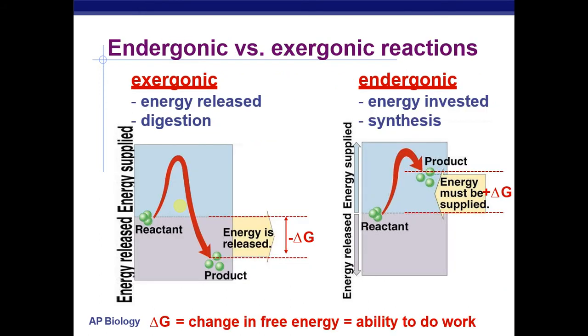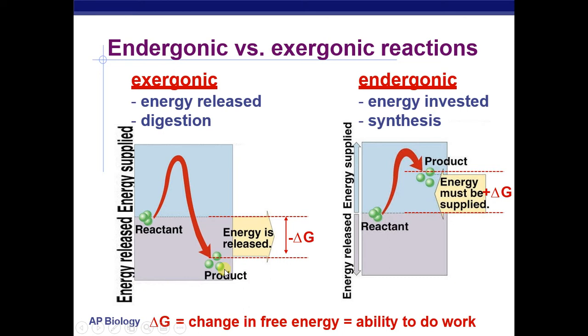So here's just a picture to represent endergonic and exergonic reactions. Don't start to feel too anxious about this delta G stuff that, from chemistry, you might remember being particularly a pain. The idea is that we want to realize that in an exergonic reaction, we end up with products that have less energy than the reactants.